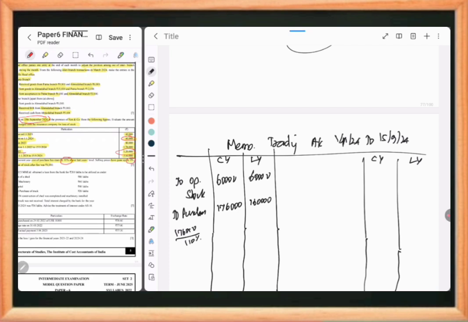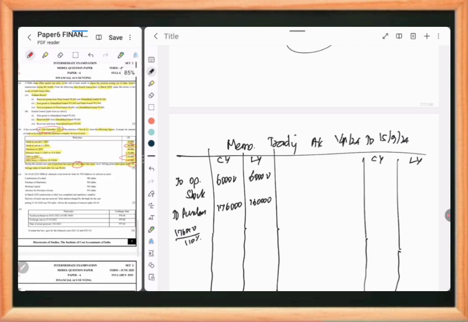Understand this one? Here, sales: current year sales of 2,10,000 are given, up to the date of fire.